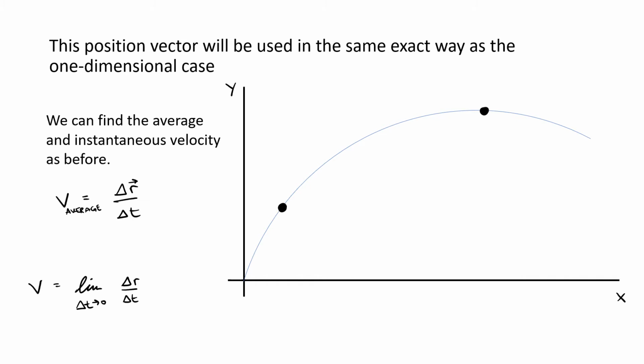All right, and we could see the change in position is that delta r. That's right here, delta r. And that is made of a change in the horizontal component, delta x, and the change in vertical component, delta y.